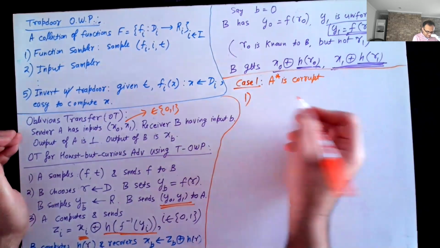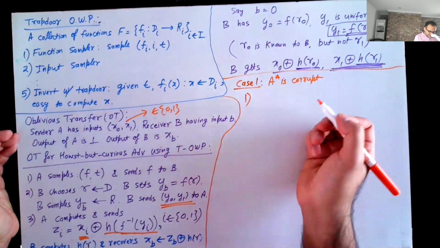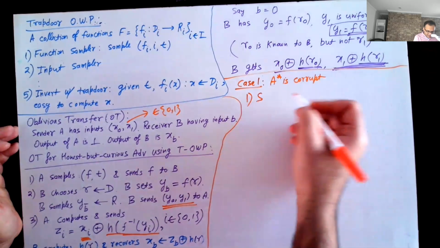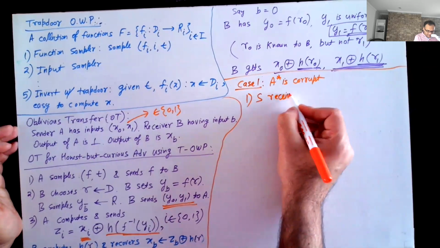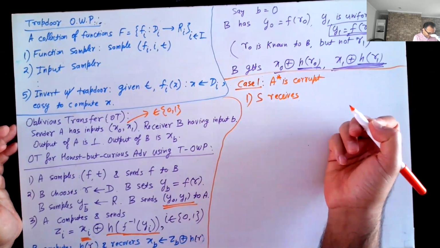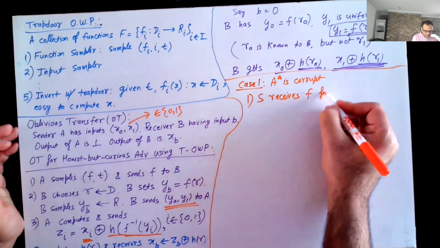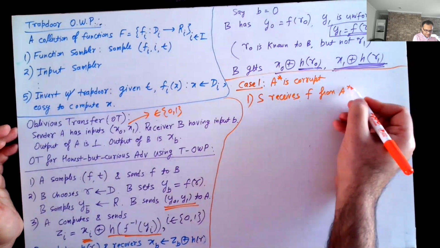Step 1, the simulator runs the adversary A star, and S receives F from A star.